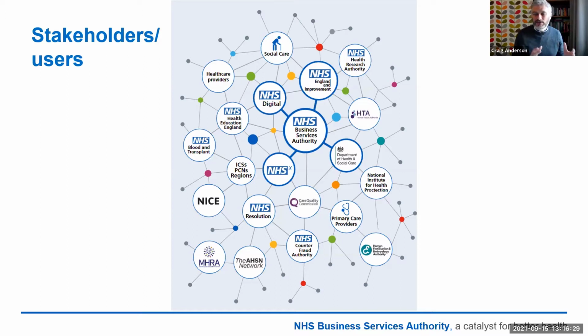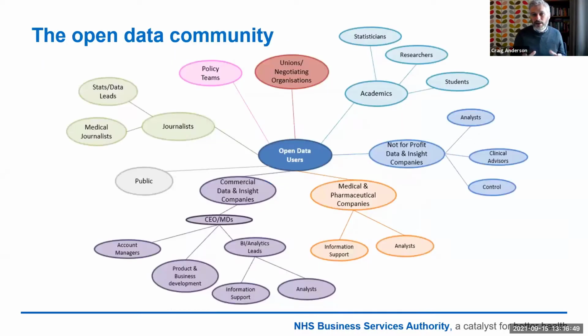But as I mentioned earlier on, one of the key areas that we understood was that we have a great opportunity to engage with a broader group of users. And we've done some previous user research on our open data community. And we know, from the next slide, which will show you the breadth of who our users are, that we've got a range of users from non-profit organizations who are using our data to create visualizations or online tools to get insight out to other users.